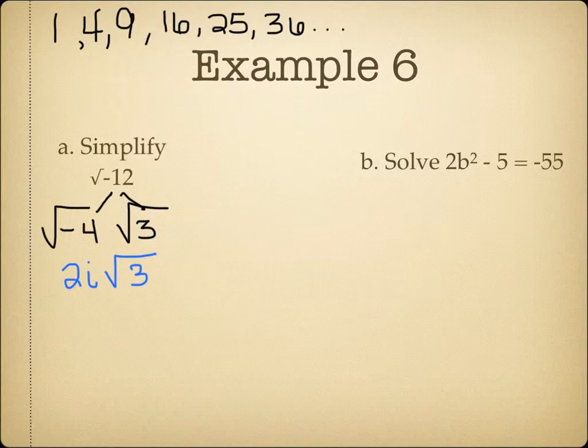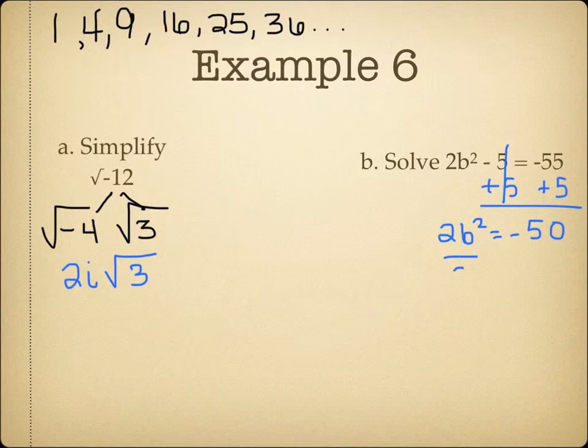What would you do with B? Solve for B. What would you do there? Yep, let's add 5. Plus 5, plus 5. That gives me 2b squared equals negative 50. What would I do from here? Yep, got to divide by 2 next.